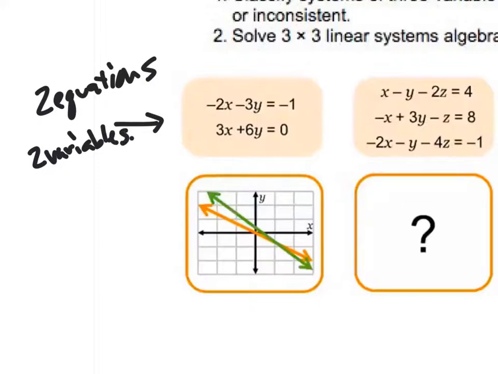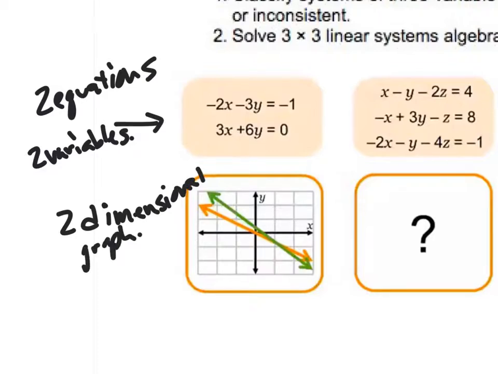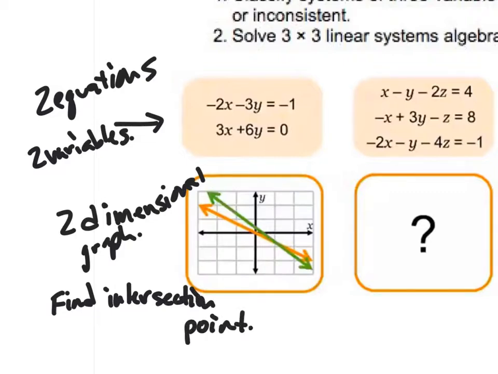And when you have this, you get two-dimensional graphs, and we want to see where they intersect. So we want to find the intersection point. Now, the reason why we have two dimensions is because we have two variables.